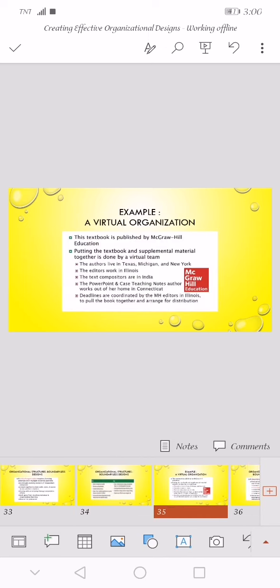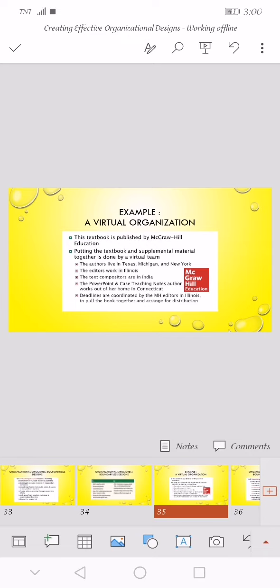Example of a virtual organization. This textbook is published by McGraw-Hill Education. Putting the textbook and supplemental material together is done by a virtual team. First, the authors live in Texas, Michigan, and New York. Second, the editors work in Illinois.